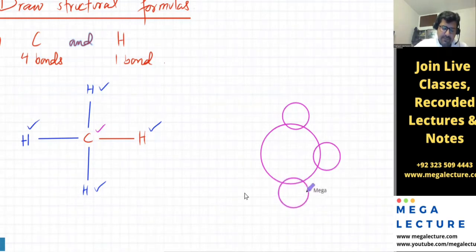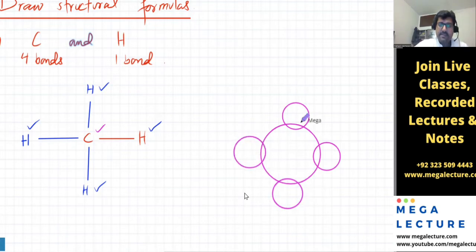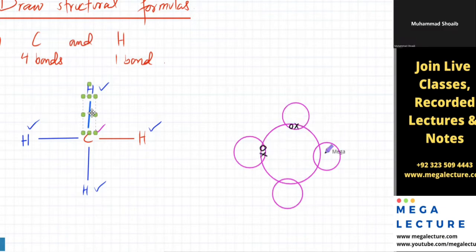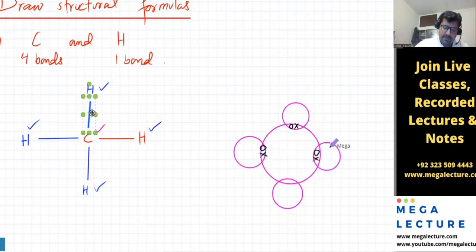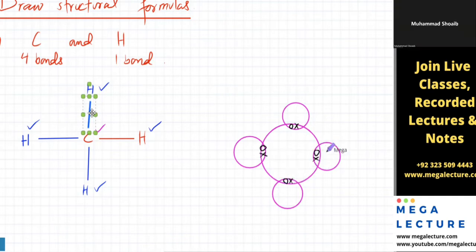So think of the structural formula as your rough work. Draw 4 of the hydrogen atoms. Everywhere there's a single bond, this single bond means 1 electron being shared each. So you've got a single bond over here, over here, over here, and over here as well, with the carbon in the middle.